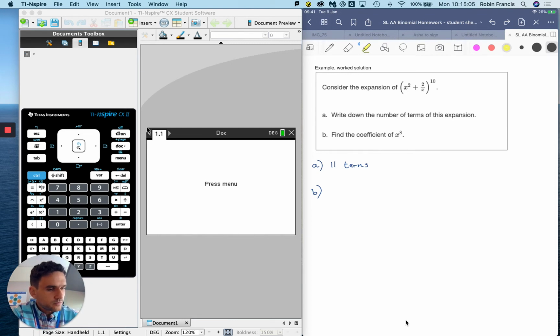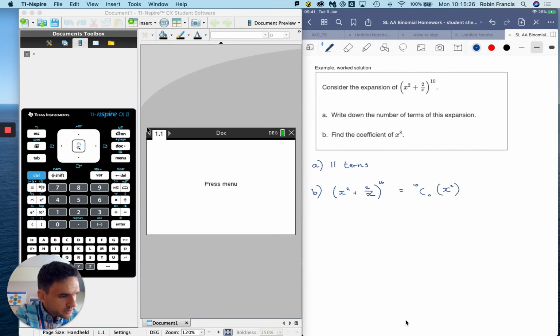Now, how we've been doing this is looking at our bracket, x squared plus 2 over x, to the power of 10. What does that look like for the first term? Well, for the first term it's going to be 10 choose 0, which is 1, the a term, which is x squared to the power of 10, multiplied by the b term, which is to the power of 0, and that's just 1.